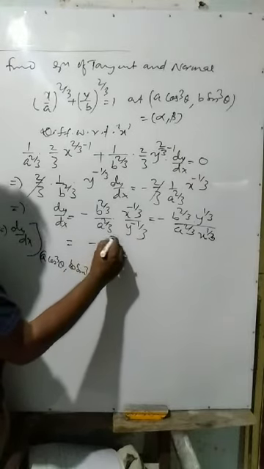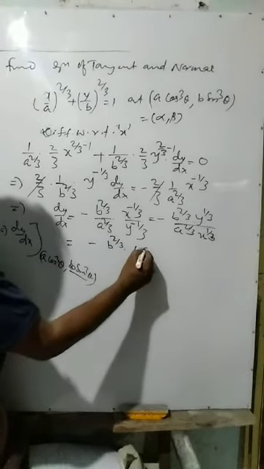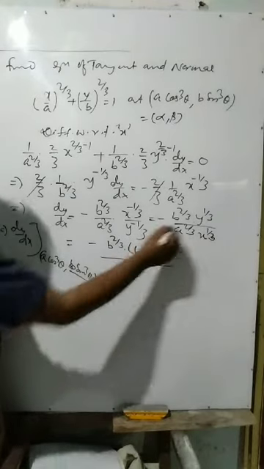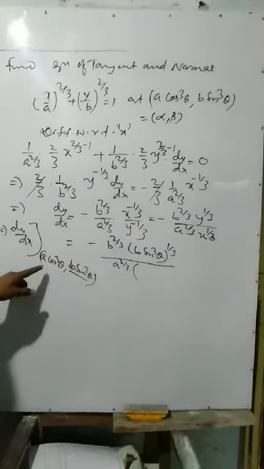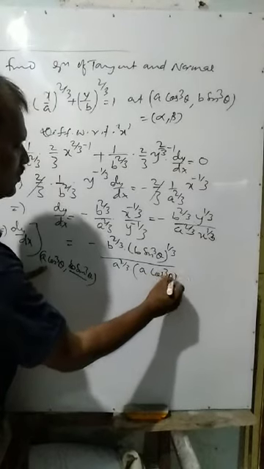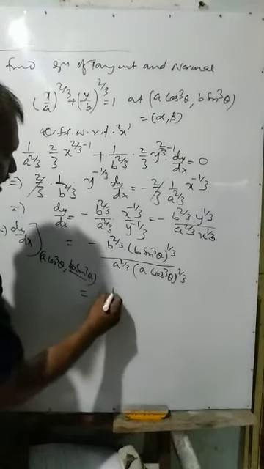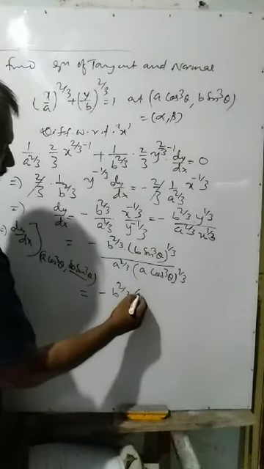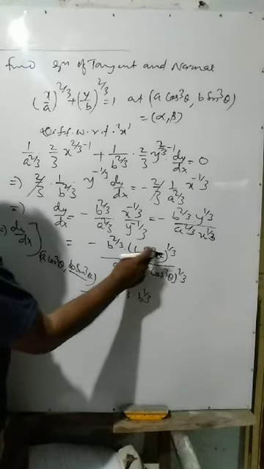So minus b to the power 2 by 3. Y means this one, you put b sin cube theta whole to the power 1 by 3 by a to the power 2 by 3. Now look at x to the power 1 by 3: instead of x you put a cos cube theta whole to the power 1 by 3. So what value will you get? Minus b to the power 2 by 3, here b to the power 1 by 3 into sin to the power 3, 1 by 3 we get.